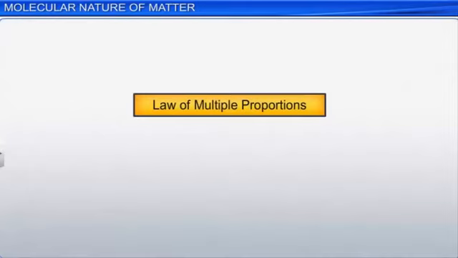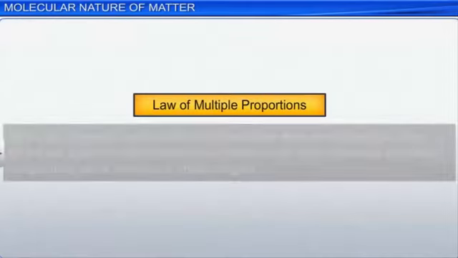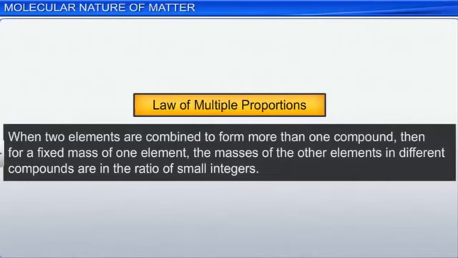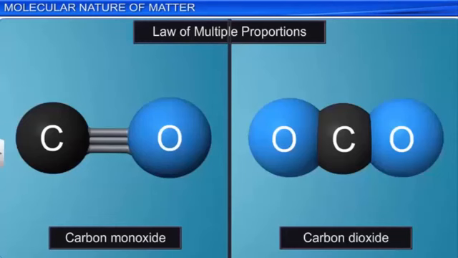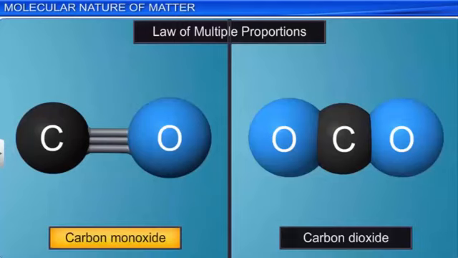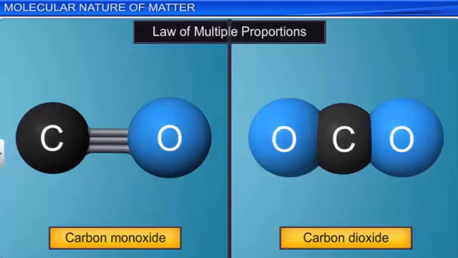The law of multiple proportions states that when two elements are combined to form more than one compound, then, for a fixed mass of one element, the masses of the other elements in different compounds are in the ratio of small integers. For example, carbon and oxygen combine to form two compounds, carbon monoxide and carbon dioxide.